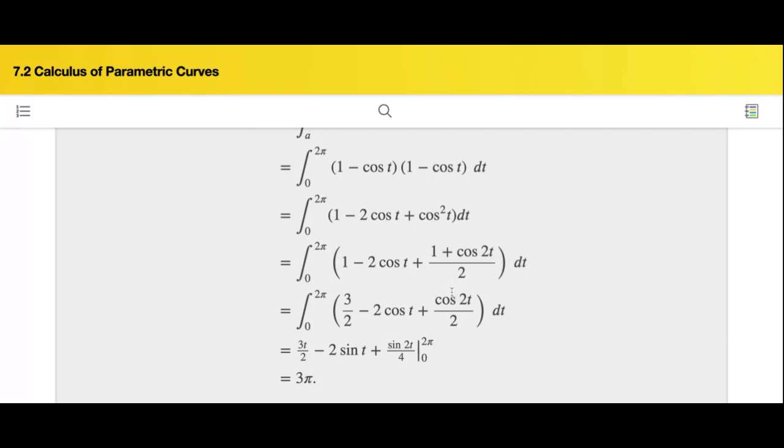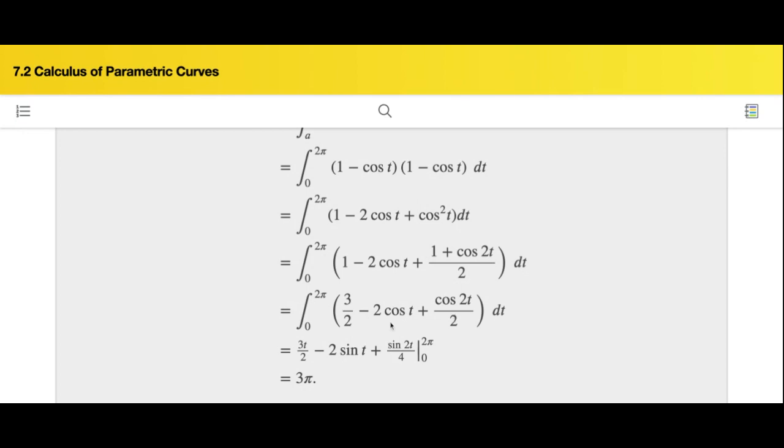The double angle formula, cosine of 2t, remember, equals 2 cosine square t minus 1. So cosine square t equals 1 plus cosine 2t divided by 2. So 1 plus is half, 3 halves, minus 2 cosine t, then plus cosine 2t over 2, right? Plus half of cosine 2t.